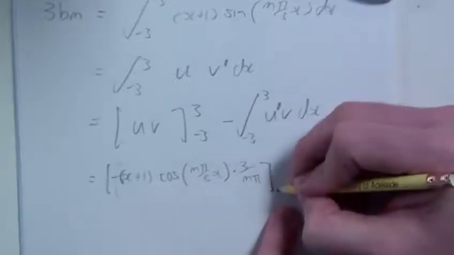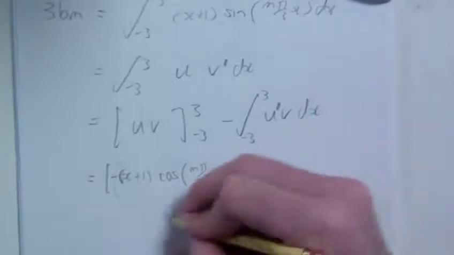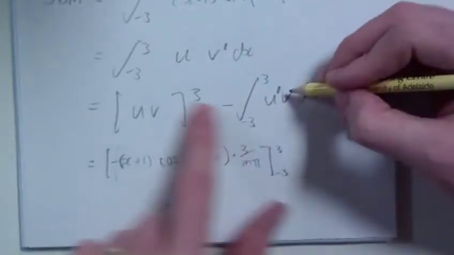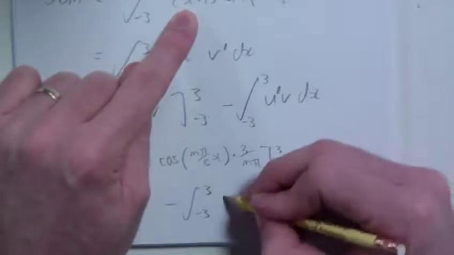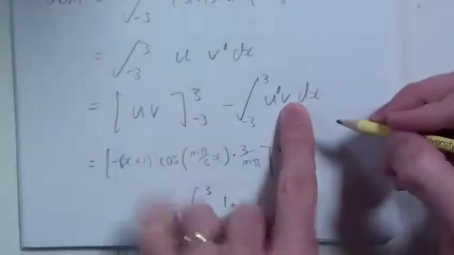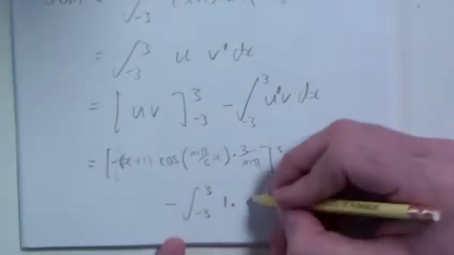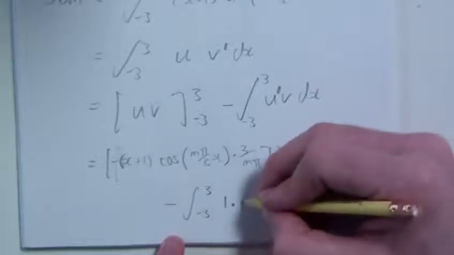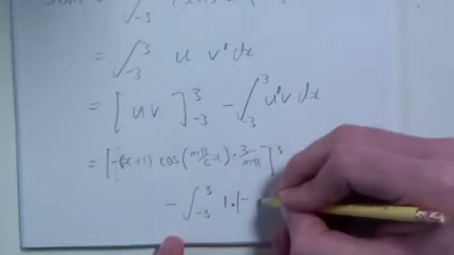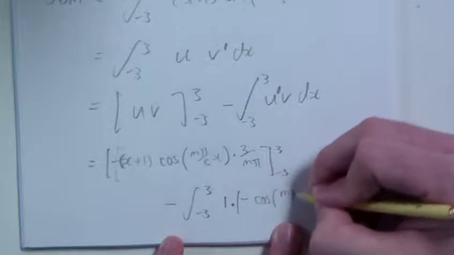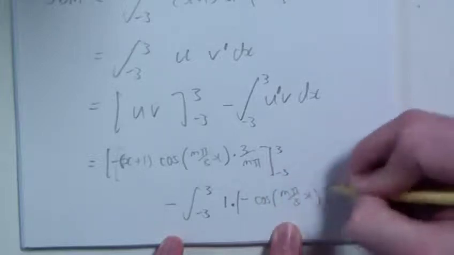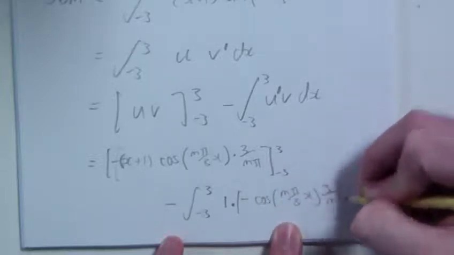Okay. And the u dashed is, u was x plus 1, so u dashed is 1. And the v is the same v that we just wrote down, so minus cos of m pi on 3x, 3 on m pi.